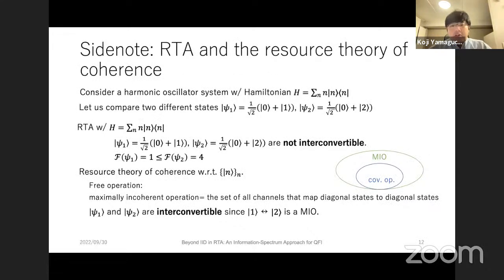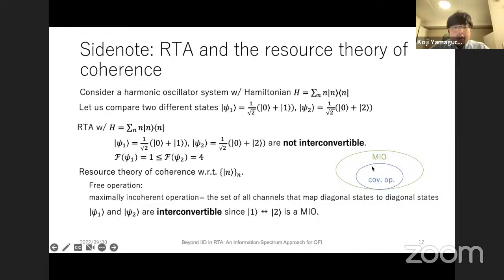So here, as a side note, let me briefly mention the difference between the resource theory of asymmetry and the resource theory of coherence. Let us now consider a harmonic oscillator system with this Hamiltonian. And let us compare these two states. ψ1 is given by the superposition of the ground state and the first excited state, and the second one is given by the superposition of the ground state and the second excited state.